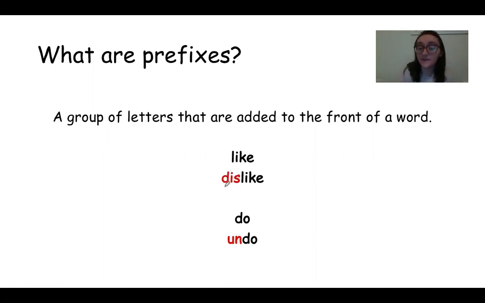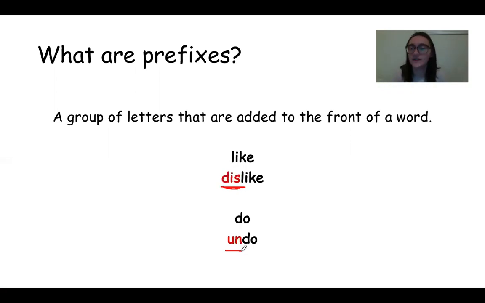You can put something in front of it. This word right here, I guess it's like a group of letters. It's like a tiny word, but it's dis, and you put it in front of like, the word becomes dislike. Do, you put an un in front of it, undo. So a prefix is a group of words that have a meaning that we add to other words to change the meaning of that word.